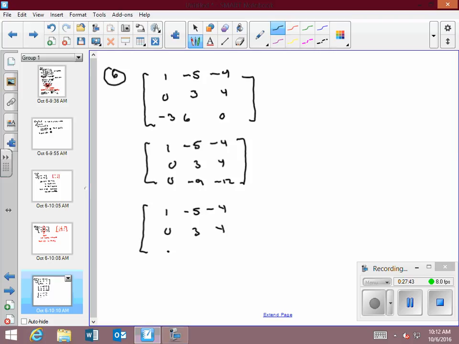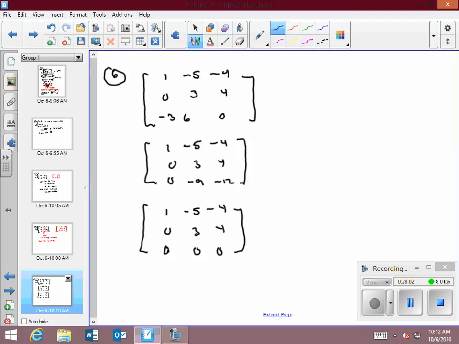Then if we took 3 times the second row and added it, we would get that kind of thing.